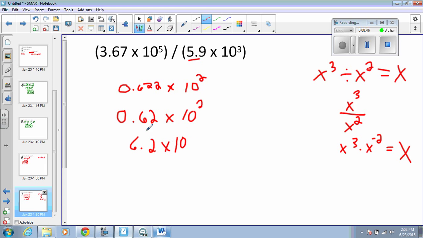But we don't put numbers that are less than 1,000 into scientific notation, so in reality what I have is 62 for an answer, because that doesn't need to be in scientific notation form.